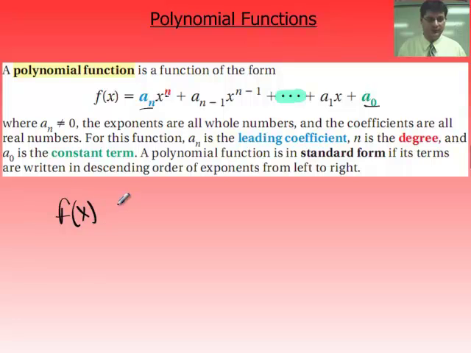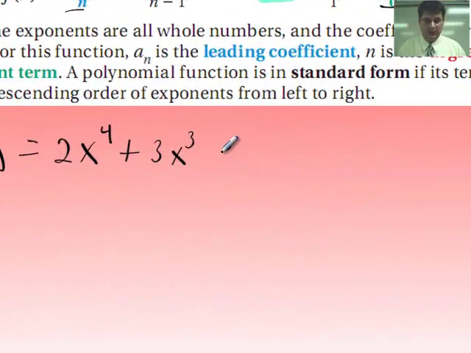F of x equals, so let's say a sub n is 2, then x to the n power, let's call it 4, plus, and then our next term, a sub n minus 1, let's say that's simply a different coefficient there, and then x to the, and then this tells us n minus 1, where n is 4, so n minus 1 is going to be 3. That's all it's saying. You're just subtracting 1 from it.